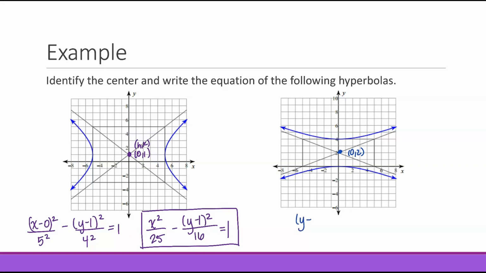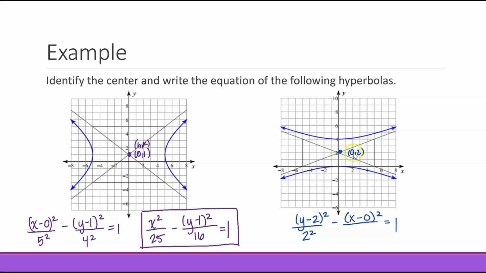So we're going to have y minus 2 squared, because I'm looking at the second coordinate, the k. So y minus 2 squared over something, we'll find that out in a second, minus x minus 0 squared over something equals 1. So how much do I go up and down to create my little rectangle? I go up and down 2 units, so we'll have a 2 squared.